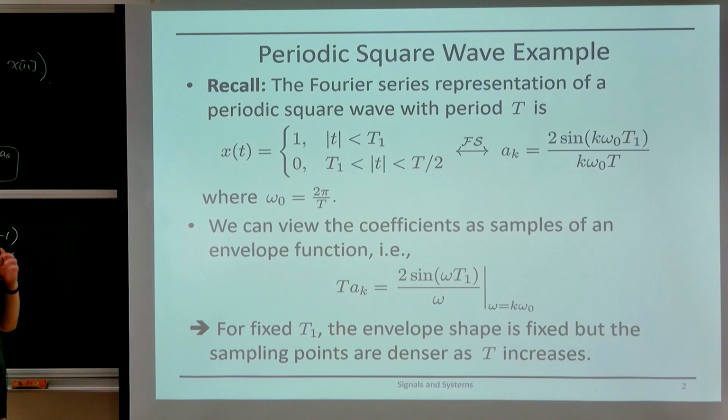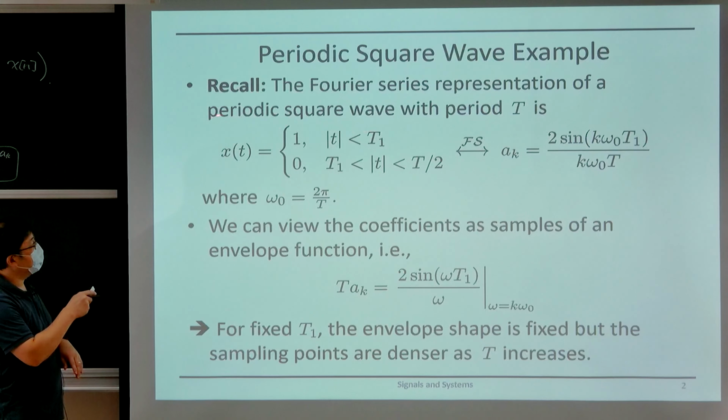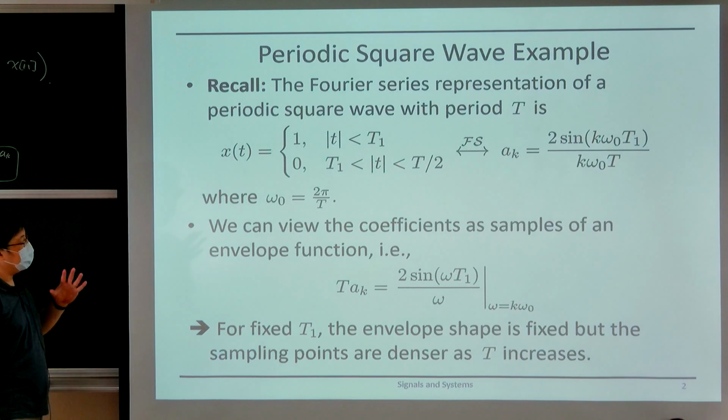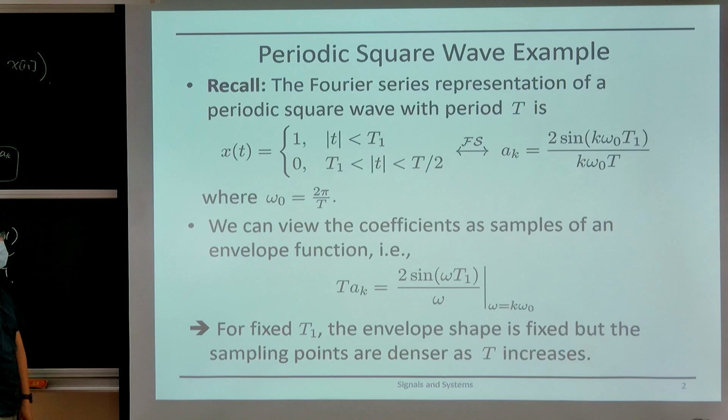So we start out by looking at this periodic square wave that we already discussed several times. Here we assume we have a periodic square wave signal x of t that has a period capital T, but is equal to 1 only from minus t1 to t1 and 0 everywhere else.